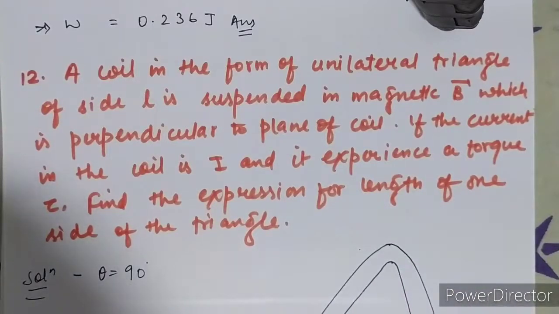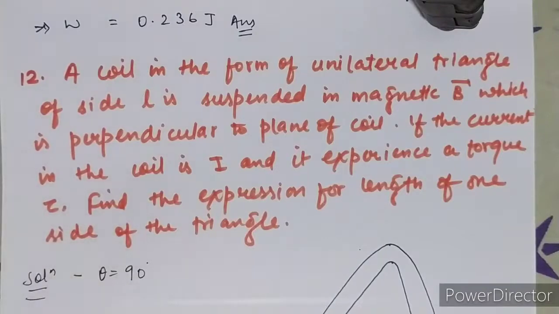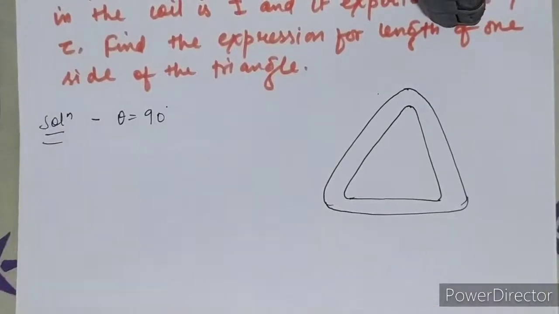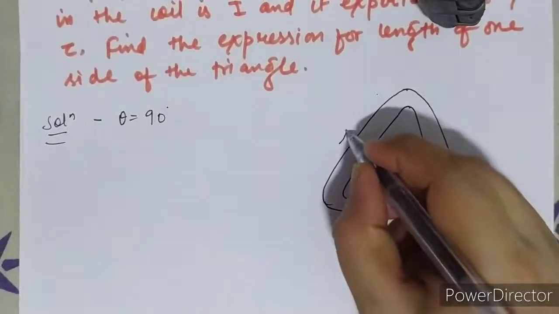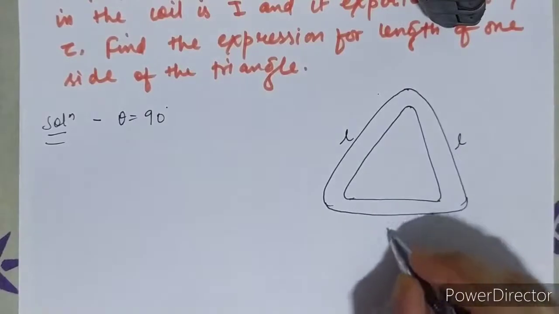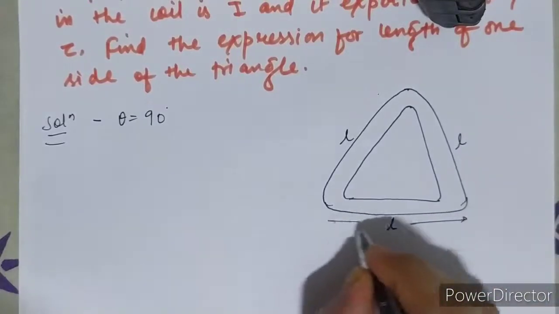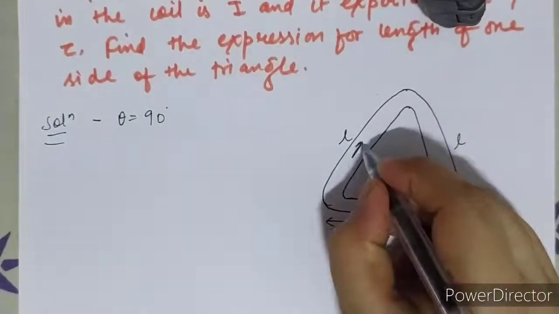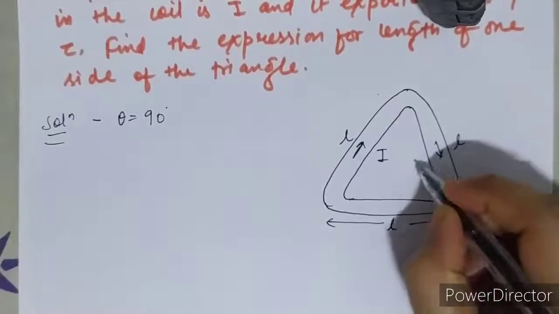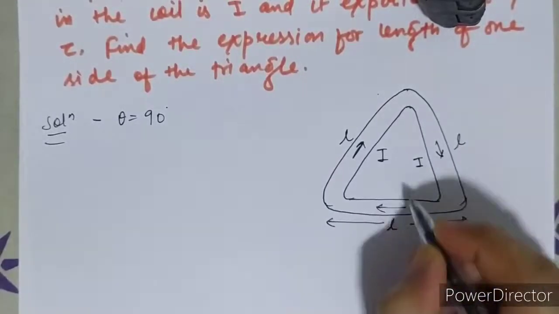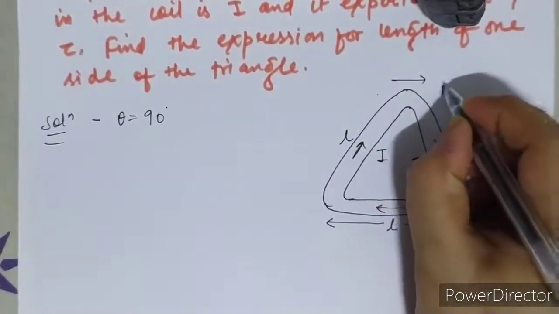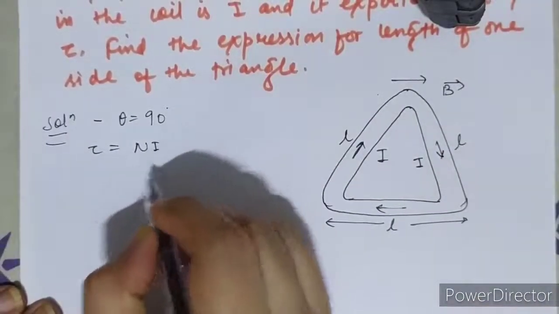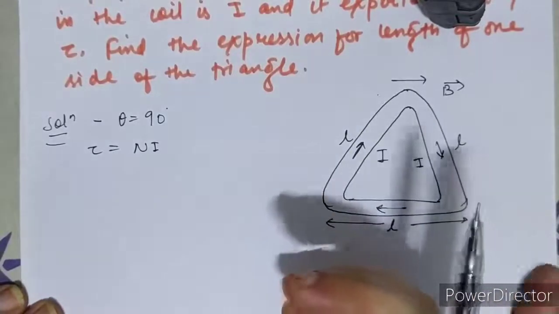Current is flowing in the triangle of length L, and this is the direction of the magnetic field. Now the torque which has been experienced is MB sin theta, sin 90 is 1.